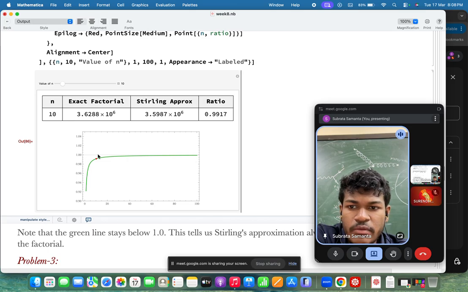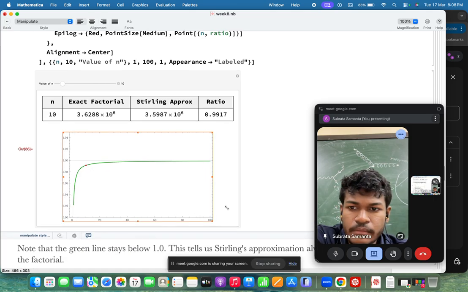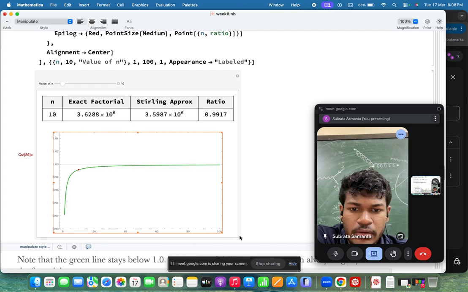From the plot, this is from n equals 0 to 100, and the red dot is for n equals 10, your 0.9917.